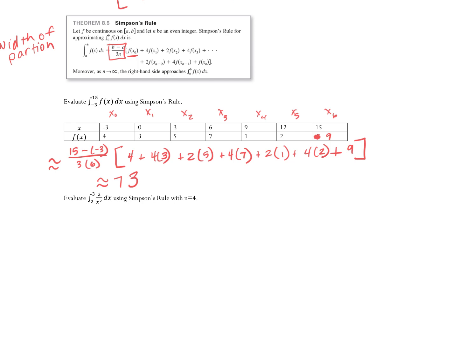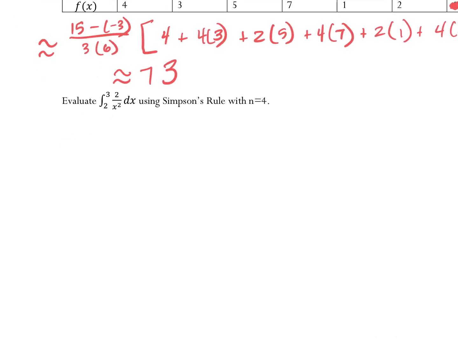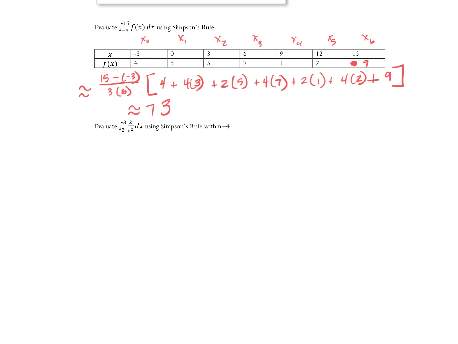So did we get a similar answer when we did this question using the trapezoid rule? Let's try this one real quick. So if I do Simpson's rule here, what would my x0 be? 2. And if I have 4 partitions, I would have to go up by a quarter each time. So it's very similar to what we did when we did this problem using the other rule.